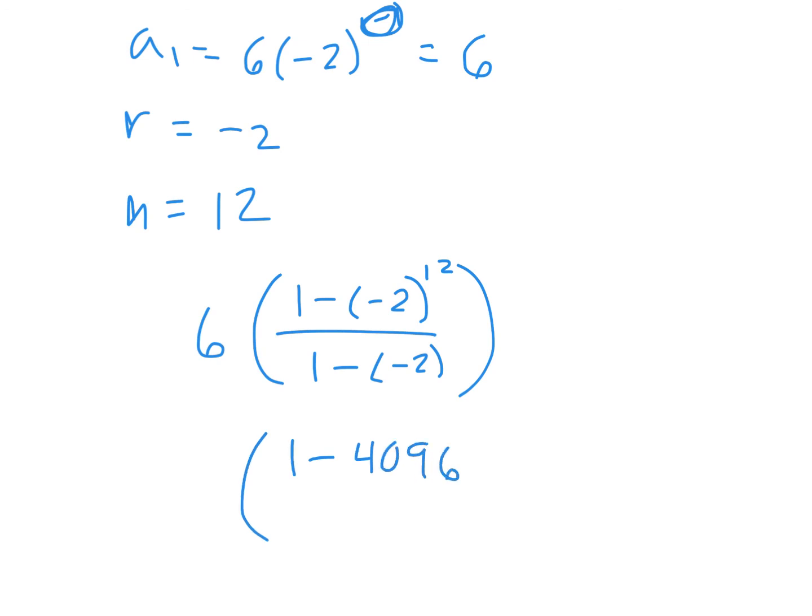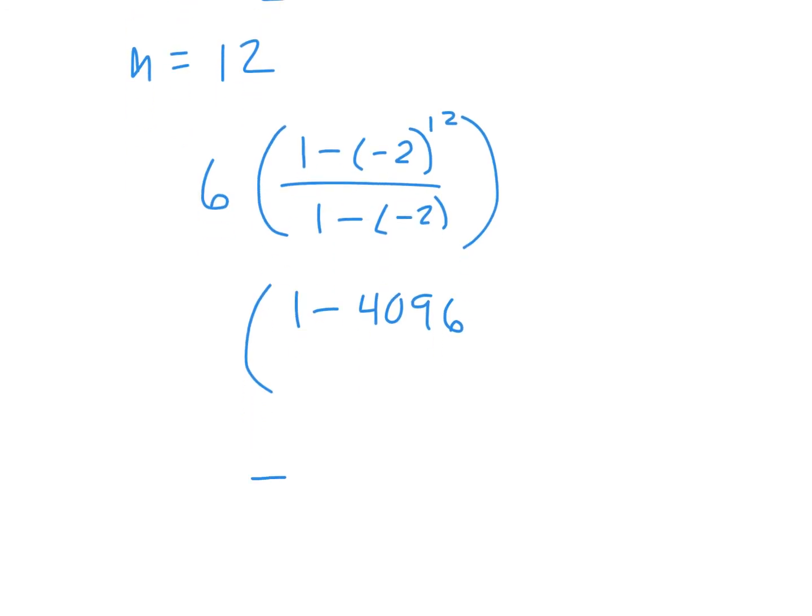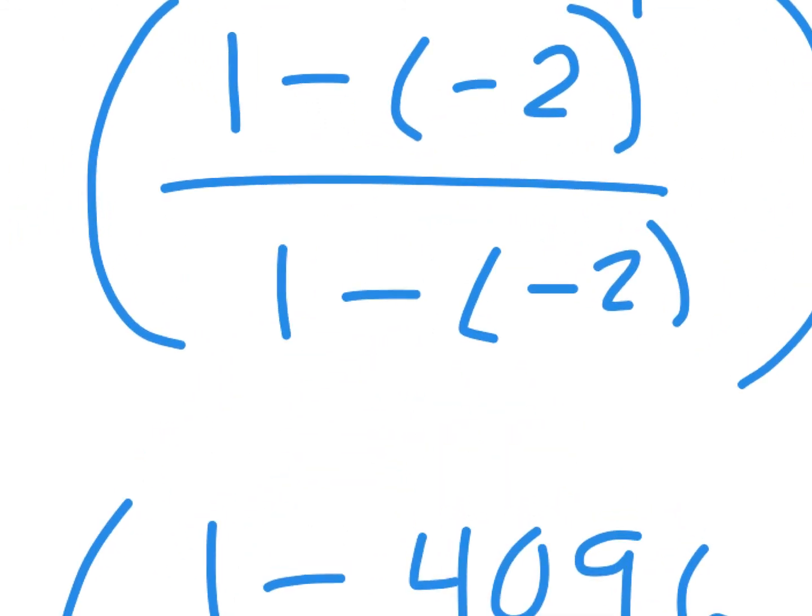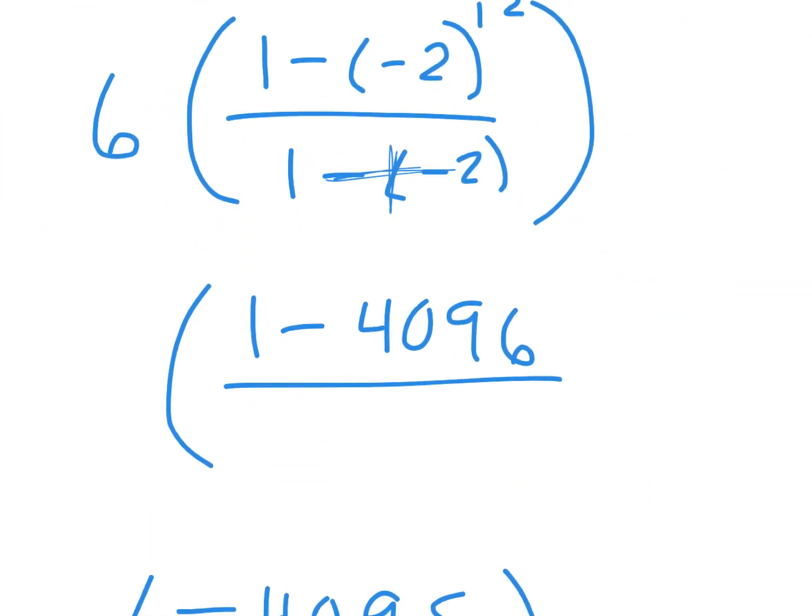But it is still 1 minus 4,096, so that would be negative 4,095. And then whenever you have minus a negative number, so down here, this becomes a big plus sign. So 1 plus 2 is 3.